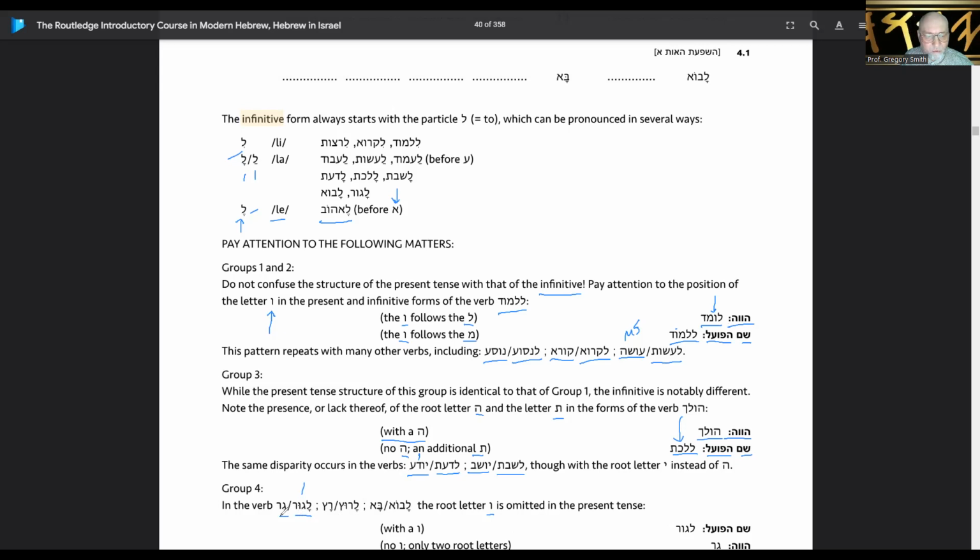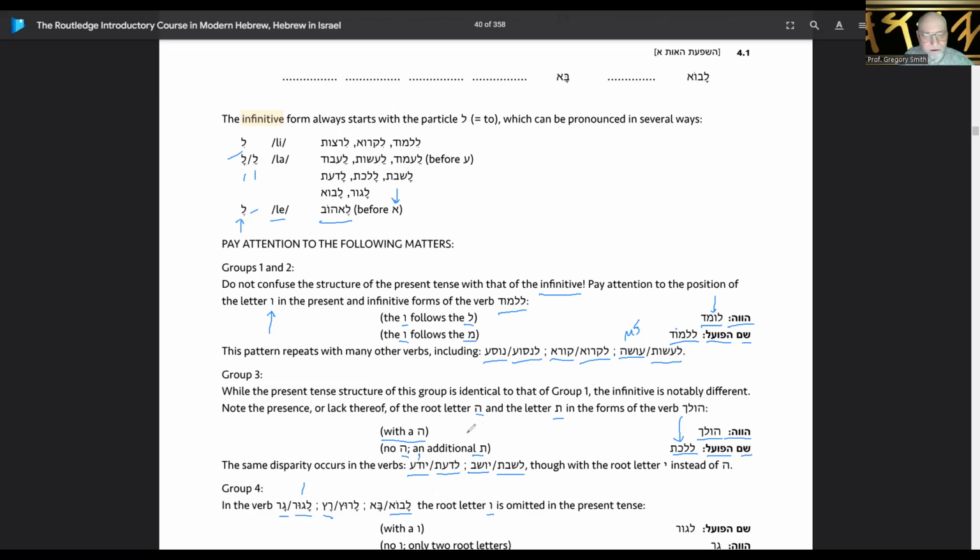So we have lagur or gar, to dwell. Larutz, I think, is to run, and ratz, he is running. Lavo, to come. I think that's lavo, to come. לבוא, yeah, to come.